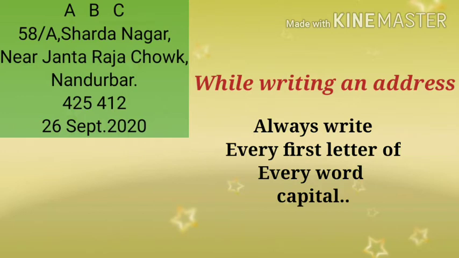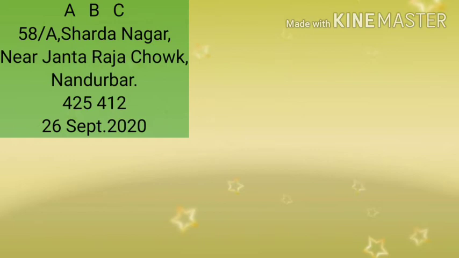For example, near, N capital, Janta, J capital, Raja, R capital, Chowk, C capital. Then again I have to put a comma. Then we have to mention the name of our town or city. We stay in Nandurbar. So here I have written Nandurbar, N again capital.